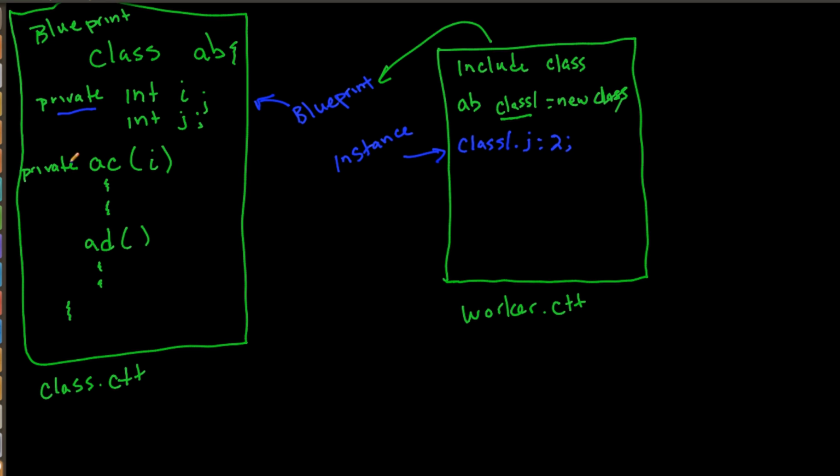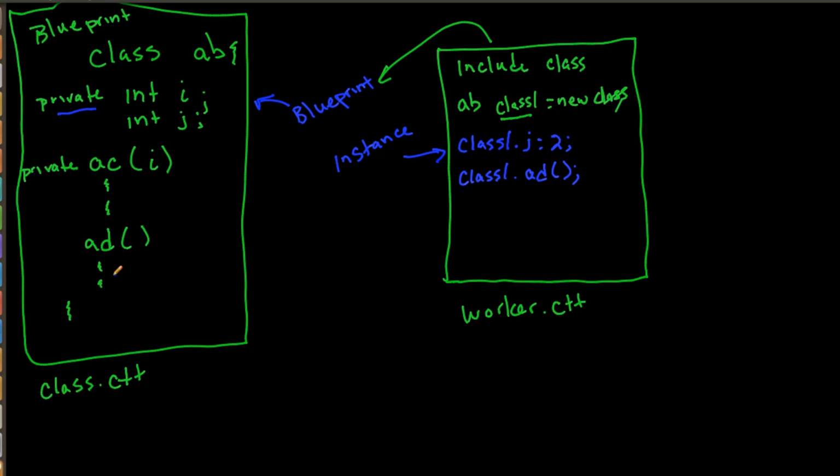The other thing is we declared AC as private, which means that if we were to say class1.AC, we're going to get another error because the system's going to say it doesn't know anything about any function named AC. We've basically hidden it from the instance of that class. But we can call AD. We can call the AD function, and do whatever the AD function does.